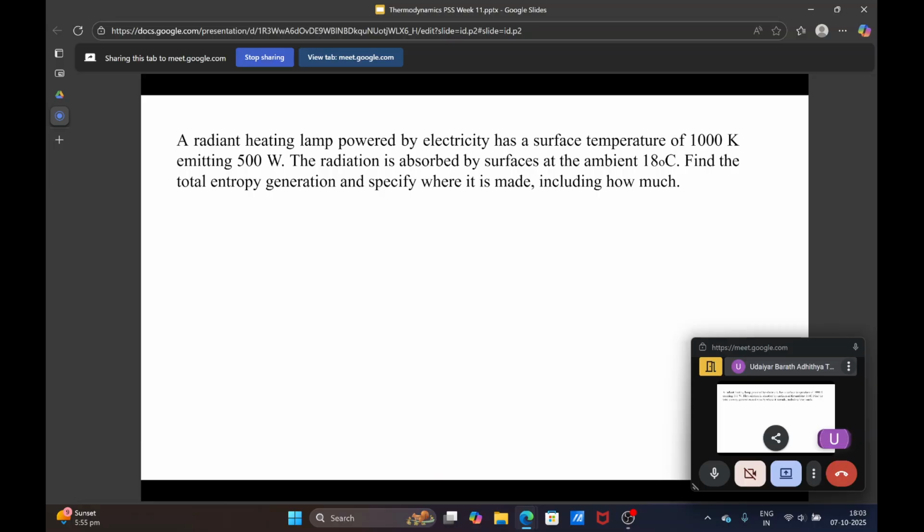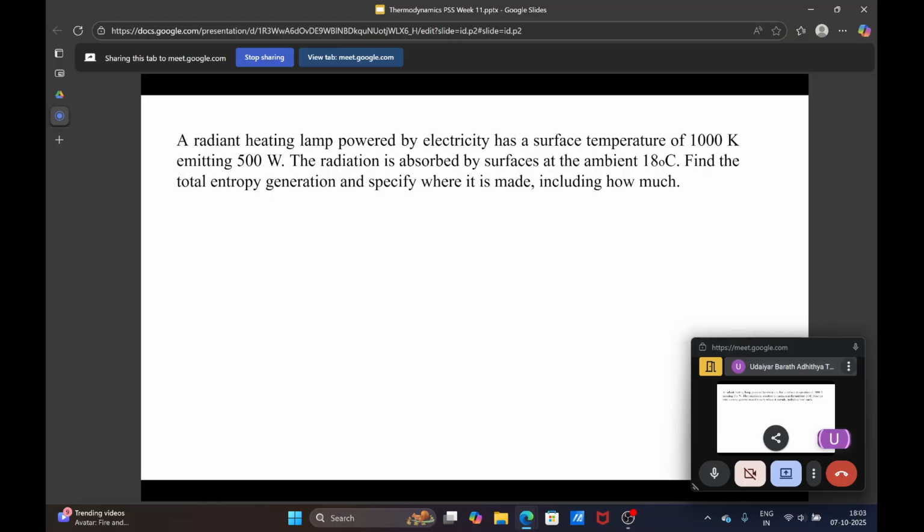The surface which radiates heat is at 1000 kelvin, radiating heat amounting to 500 watts, and this heat is absorbed by the surrounding surfaces at the ambient temperature of 18 degrees Celsius. So one is providing heat and one is absorbing heat.